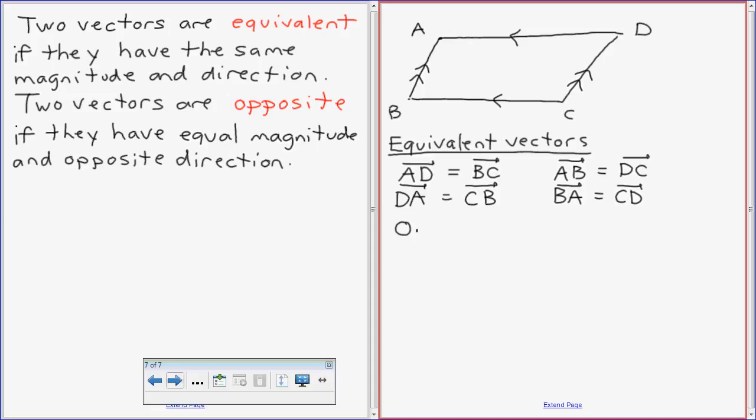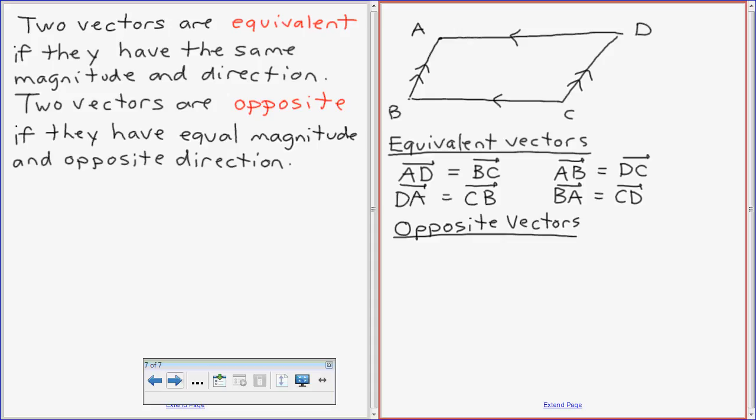Okay, opposite vectors. Okay, here we go. I don't want to put people down, guys, so I apologize. So just try and be brave here. Raise your hand. Derek, can you give me one set of opposite vectors, please?